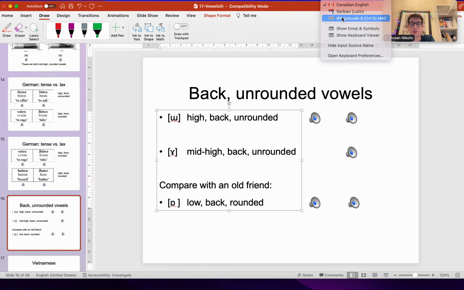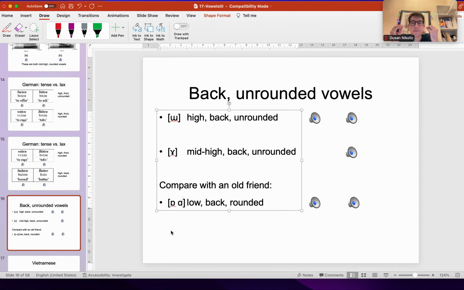Let me just change it. When you're producing this, your lips are automatically not in the position to be rounded anyway, and when you want to round them, it's difficult to do. It's more difficult because there is not so much space for rounding them, right?